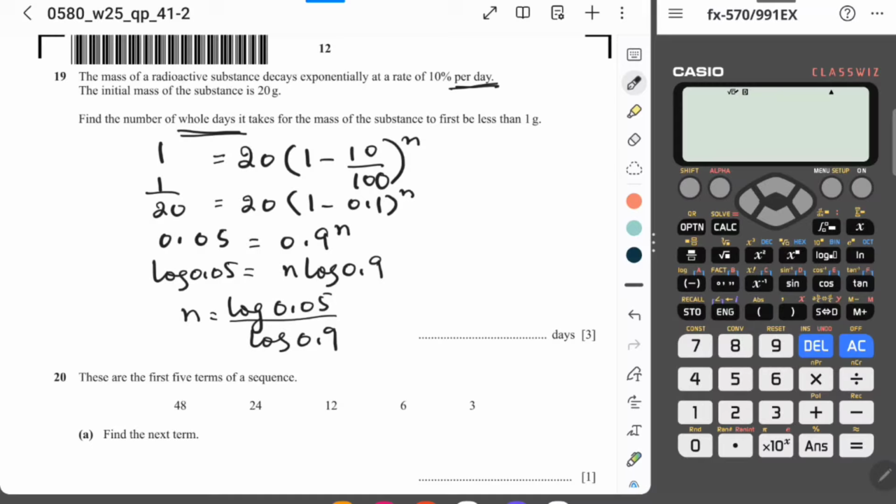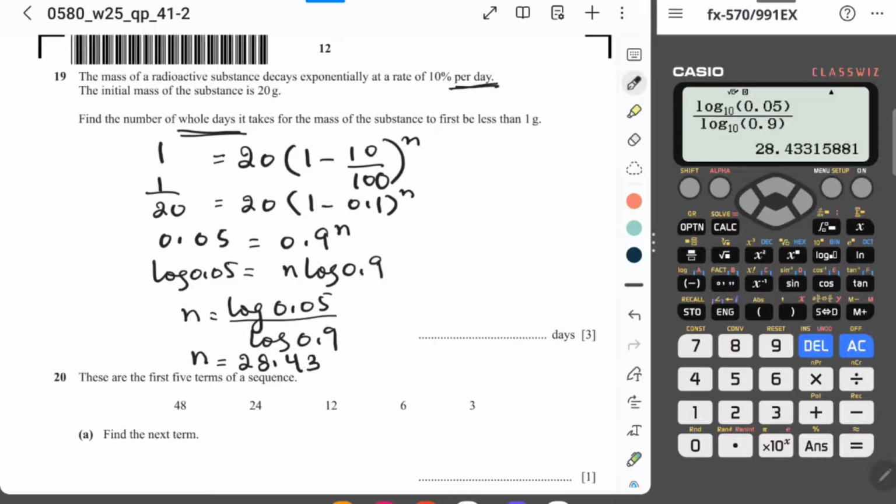Just take your calculator and find your answer. Apply log base 10 on 0.05, divide by log base 10 of 0.9, and that equals 28.43.